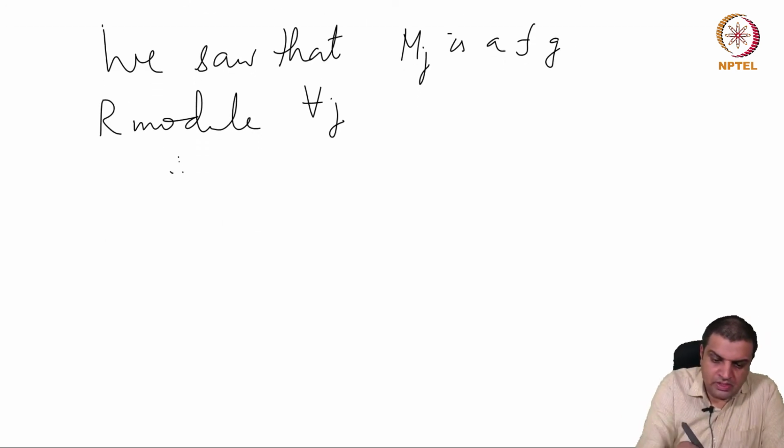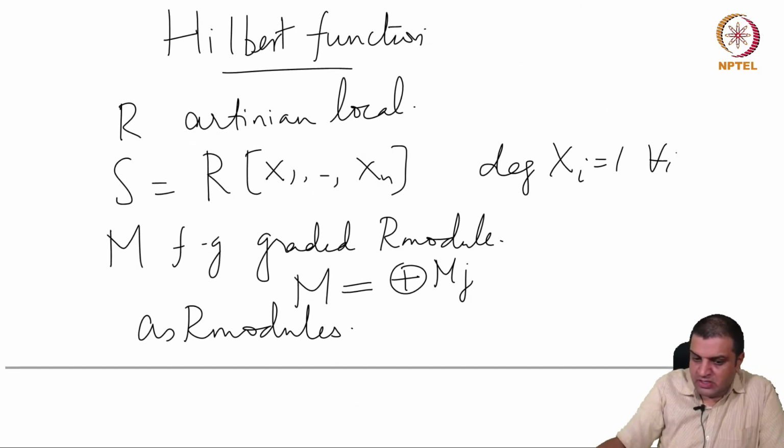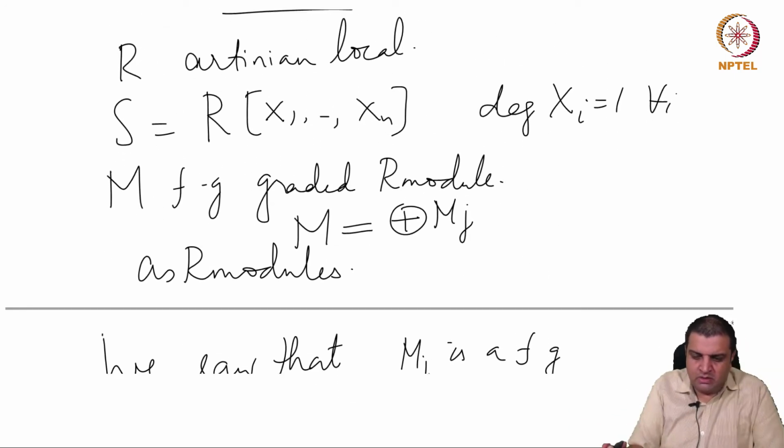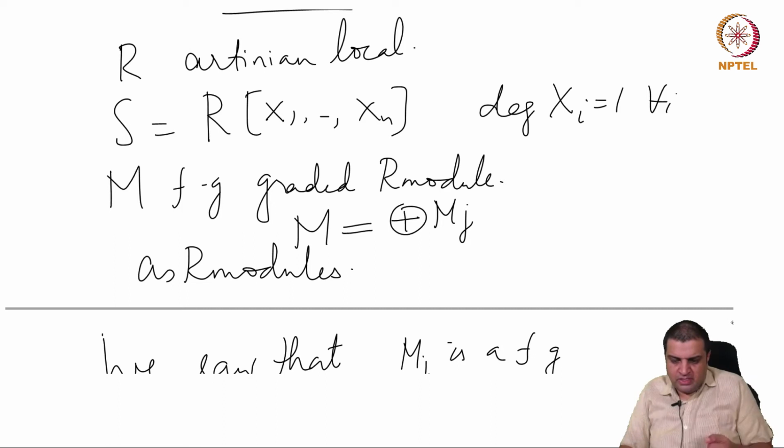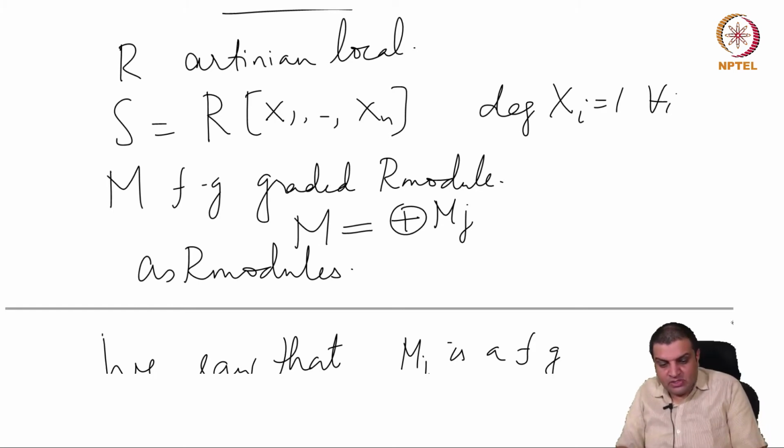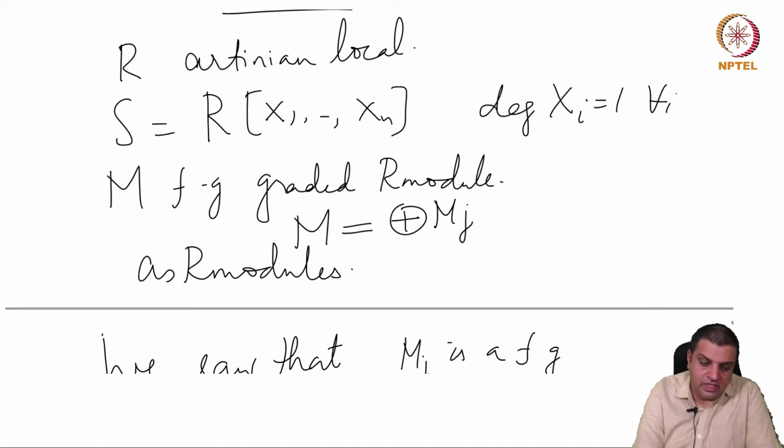Therefore, so far we didn't use that R is Artinian. We used that M is Noetherian, for which we use that S is Noetherian. To say that M_j is finitely generated, we have to take submodules and then their quotients, so we need all of them finitely generated. So we needed the fact that M is Noetherian.